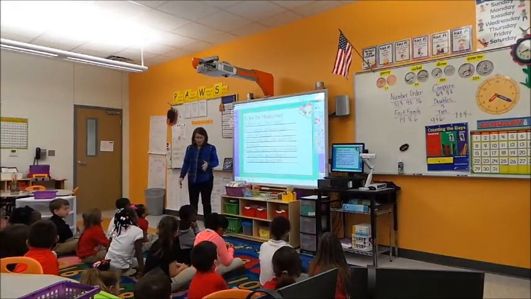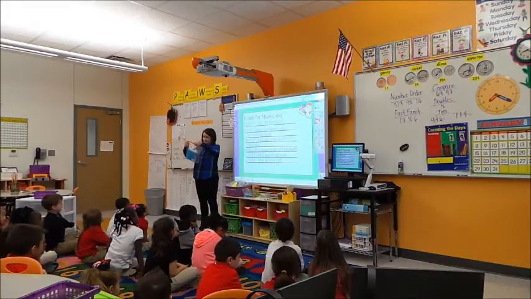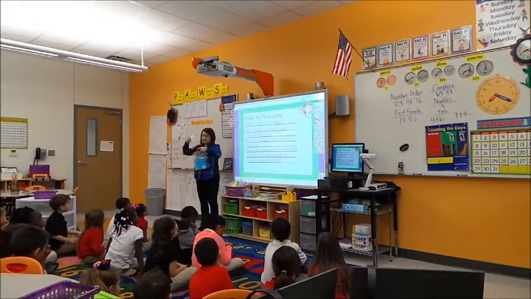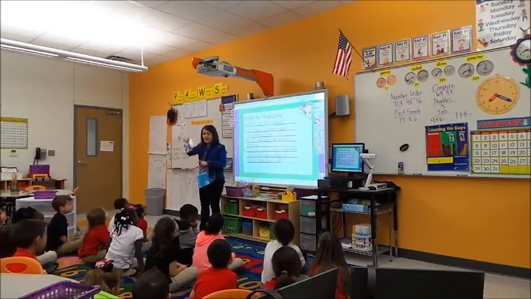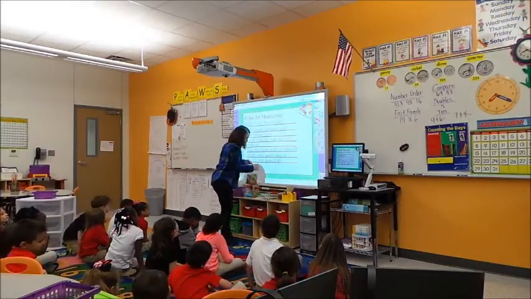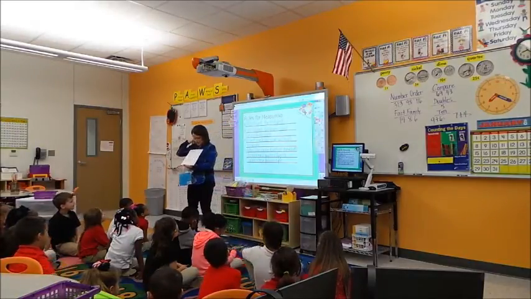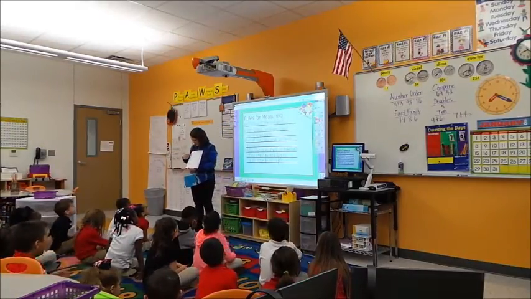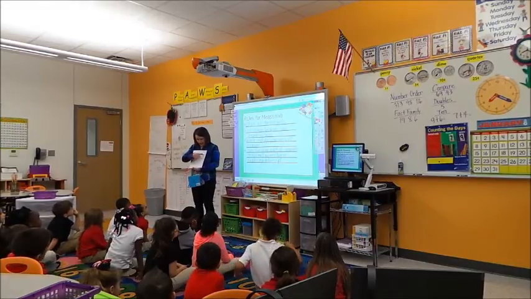Okay, so what we're going to do now is Miss Amy's going to give you a packet. You and your partner are going to have a packet, and you have 6 things to measure. You have large paper clips and small paper clips. Let me show you really quickly. You're first going to write your name, and it says measure the objects using small paper clips and large paper clips.